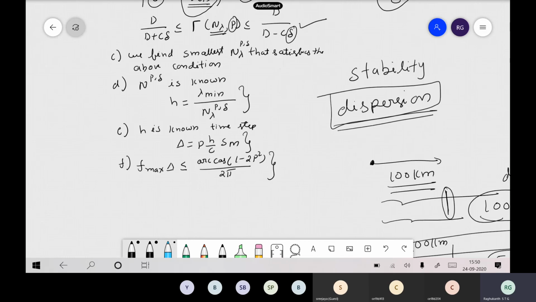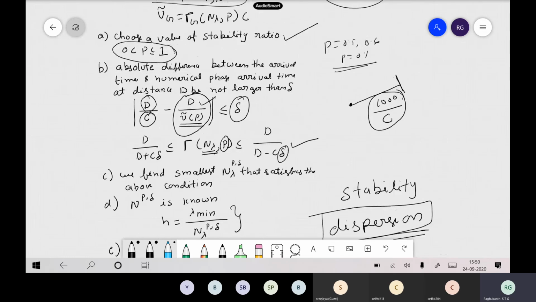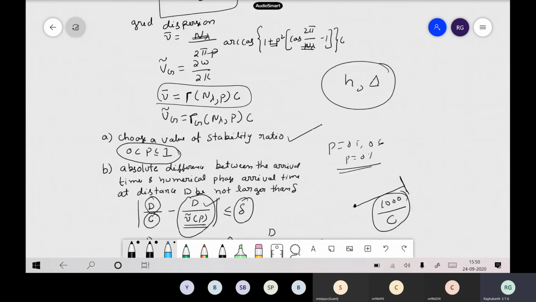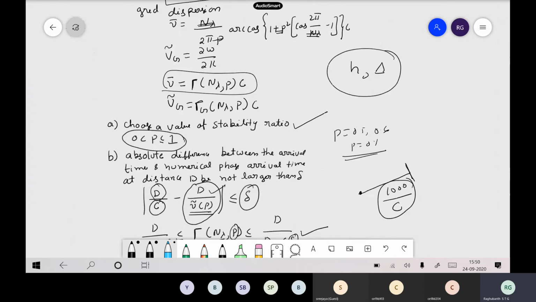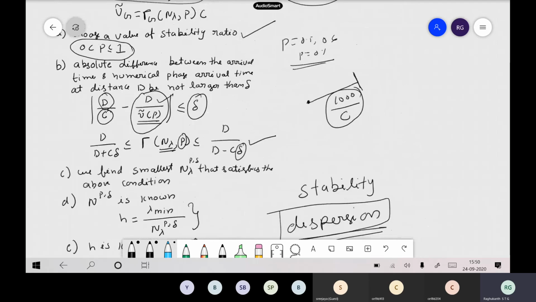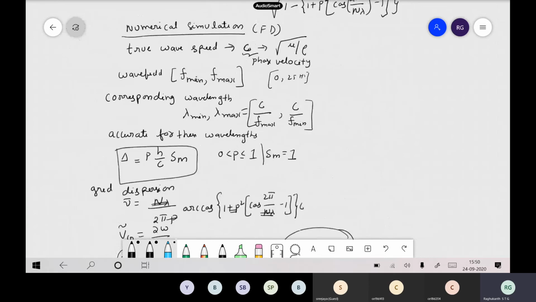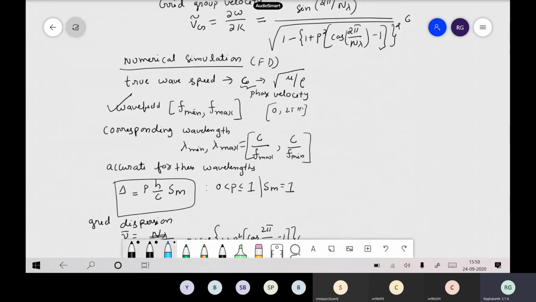So what you people can do is write a small MATLAB program taking all these steps. In this MATLAB program your input should be your F minimum, F max. This is your criteria, and wavelength also. This you also have to decide, or maybe wavelength is decided by this itself.